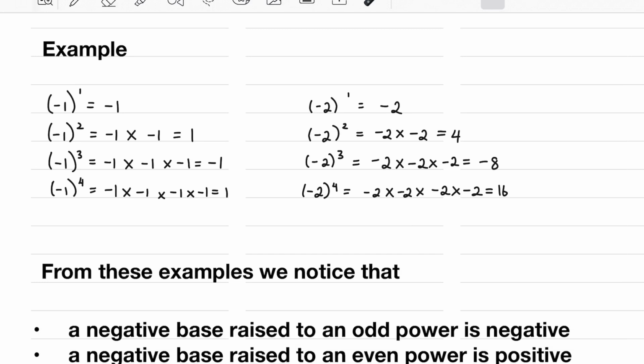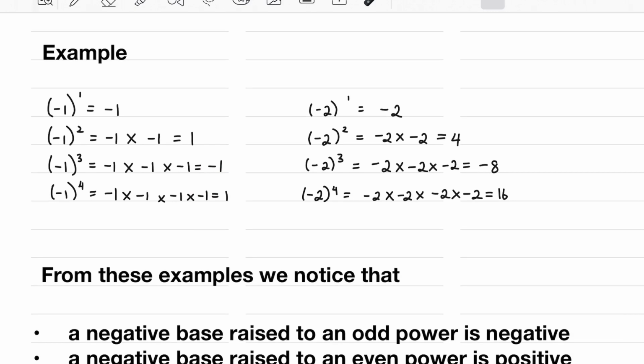Now, for minus 1 raised to the power of 4, we're going to have minus 1 multiplied by minus 1, multiplied by minus 1, multiplied by minus 1. So we already know that minus 1 times minus 1 times minus 1, which is this up here, is equal to minus 1. So minus 1 now, multiplied by minus 1 again, is going to give me a positive 1.